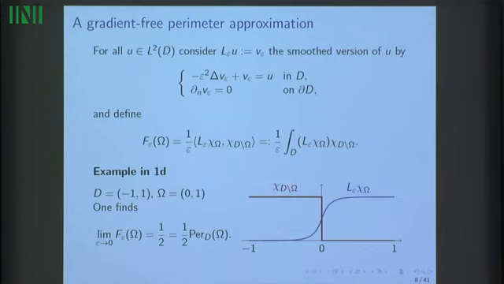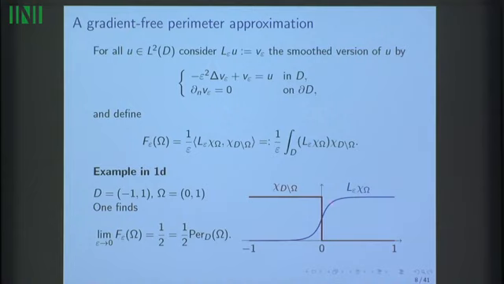I apply this, so this is a diffusion equation, so we get this blue curve, and then I integrate against the characteristic function of the complementary of omega, which is this step function. So obviously when epsilon goes to 0, this becomes sharp, and when you integrate, the significant values will be concentrated around the jump.